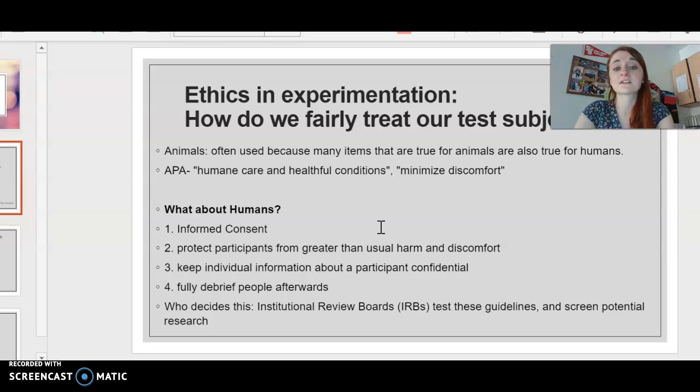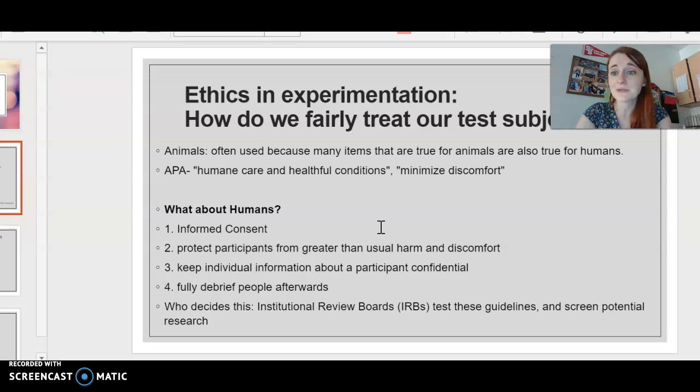Next is to protect participants from greater than usual harm and discomfort. You straight out can't abuse people. Three, you're going to keep individual information about participants confidential. So kind of like with the teacher, I can't run around talking to other people about your specific grades with your name attached to them. I never do that. I can only do that for you, specifically, and for your parents.